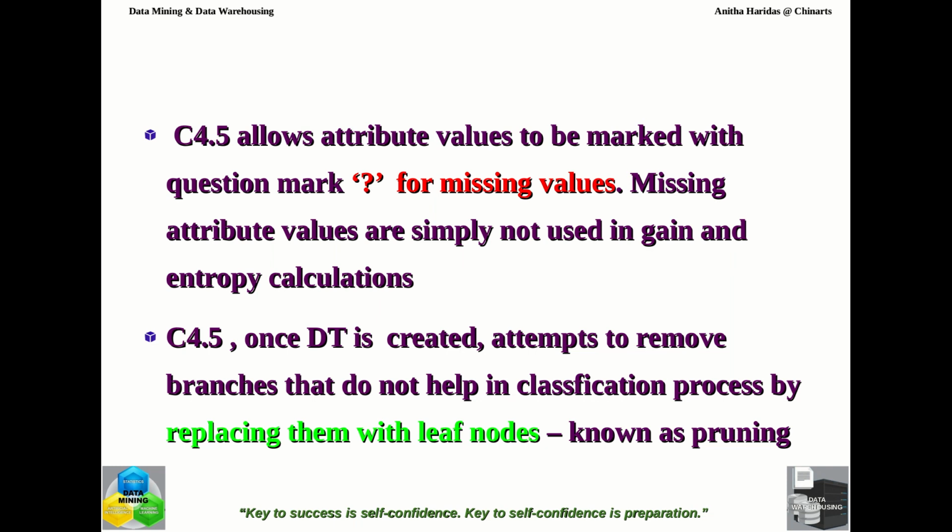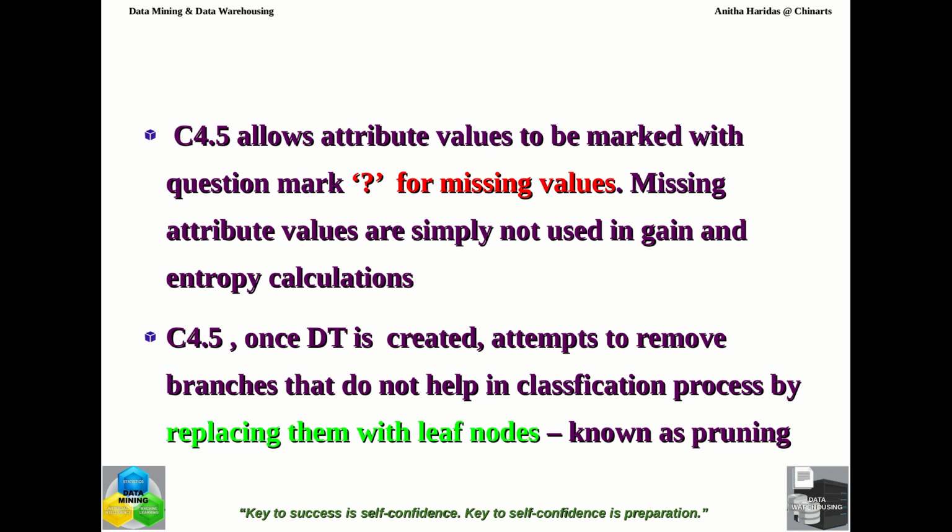So the ID3 algorithm cannot handle the missing values, but here C4.5 can handle the missing values also. So here the missing attribute values are not used in gain and entropy. So even though you have missing values, those missing values will be ignored by the algorithm itself, and it can calculate gain and entropy values by excluding the missing values.